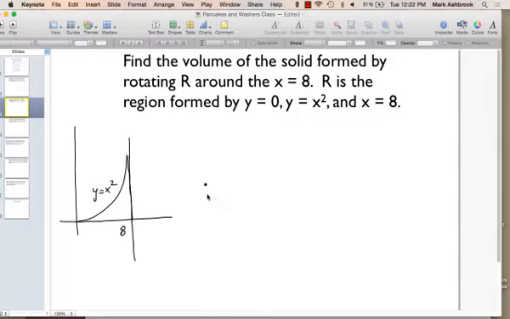So first of all, what will I get this time? Another Hershey's Kiss. But that first one was really wide and not very tall, because this point is 64. This is 8, 64.